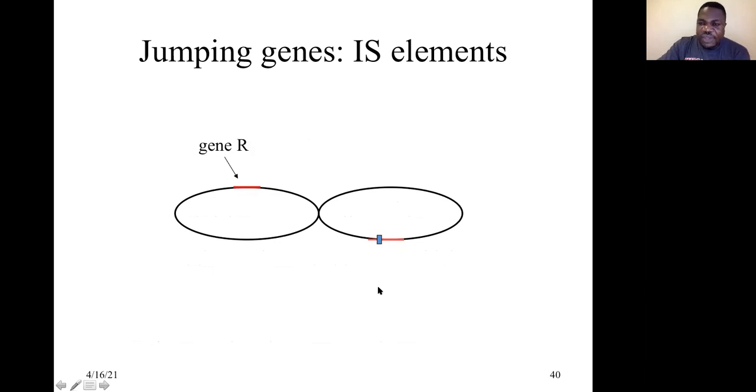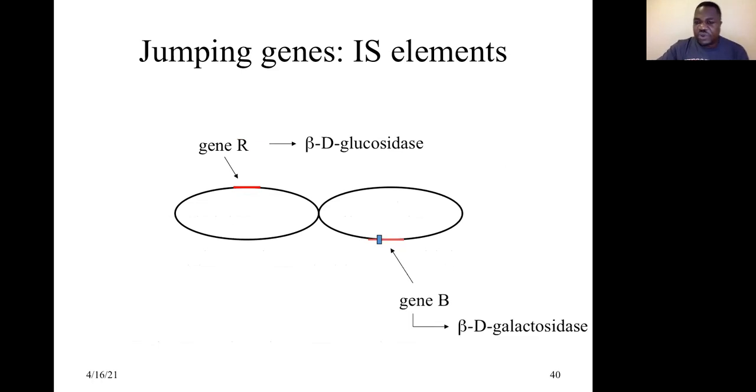This is the gene R that codes maybe for the production of beta D glycosidase, and you have a gene B that encodes also a beta D galactosidase, a different enzyme. Those genes have different functions. So what then happens?